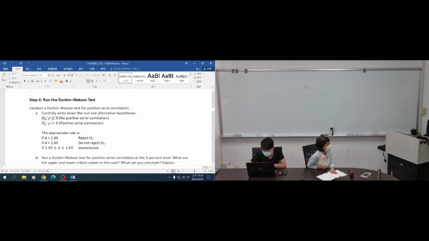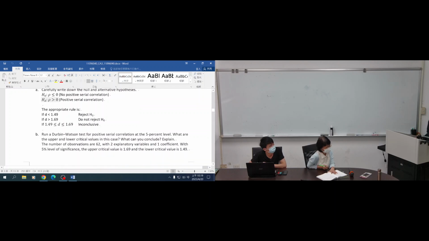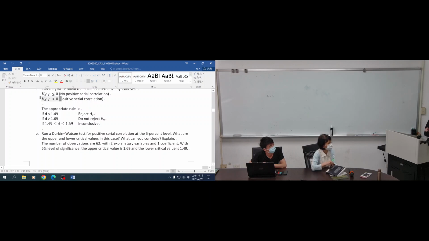for the null hypothesis, rho is less than or equal to 0, which means no positive serial correlation. For the alternative hypothesis, rho is greater than 0, which means positive serial correlation. The decision rule is: if D is less than 1.49, reject the null hypothesis.